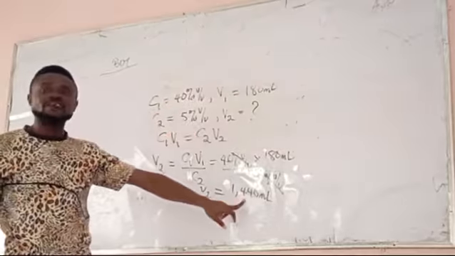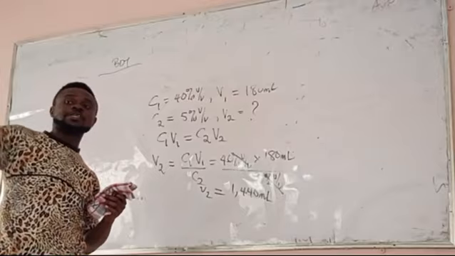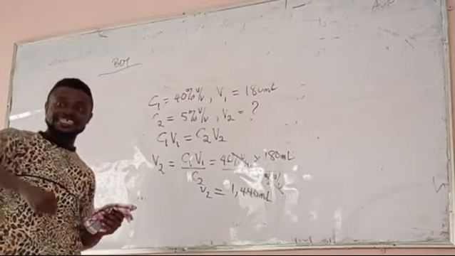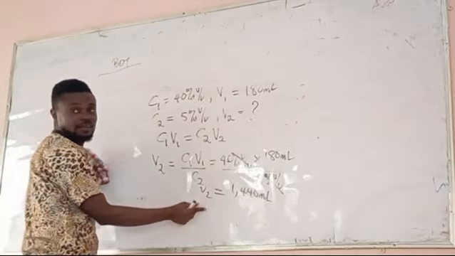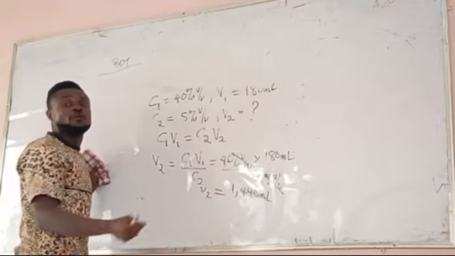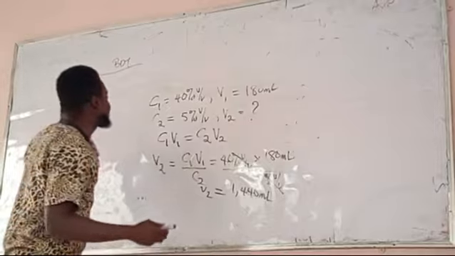So this is the final volume. We were not told the volume of water added. So the volume of water added is obtained by subtracting V1 from V2. You now know the actual volume of water that was added.